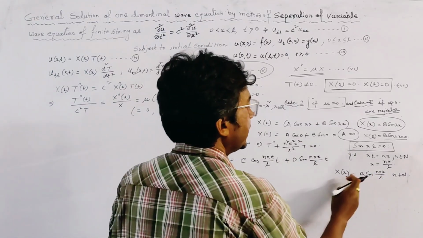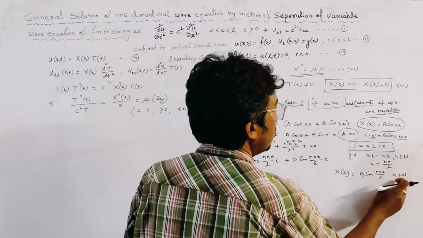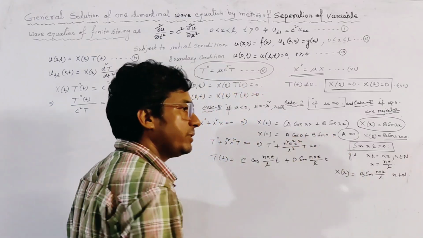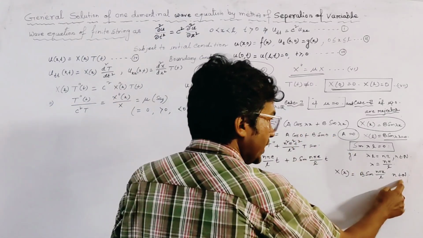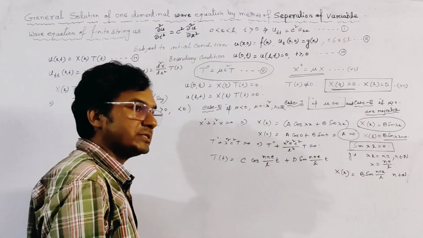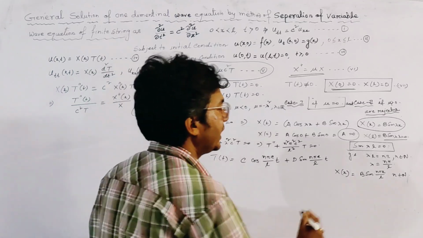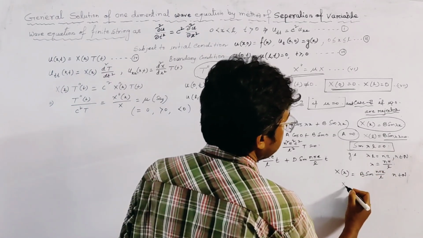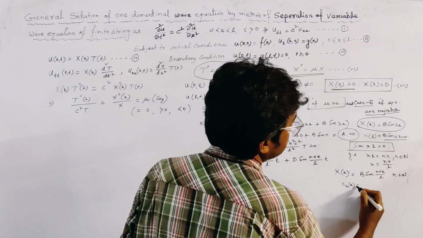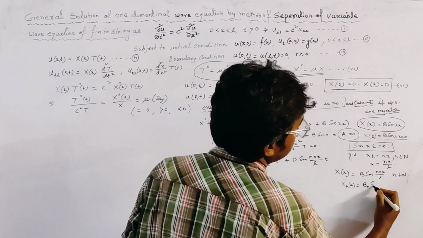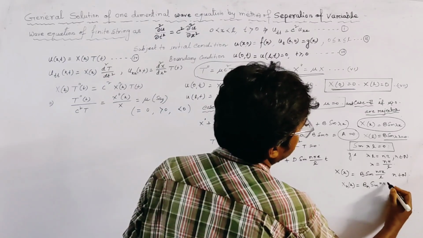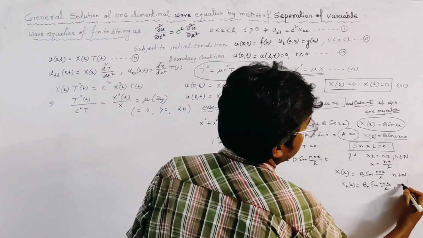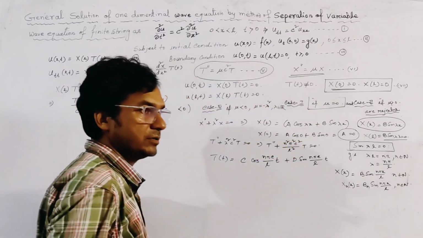If we put n equal to 1 here, we get one value of X, n equal to 2 we get another value of X, and so on. So we write this solution as X_n(x) equal to b_n sin(n pi x by L) for n belongs to capital N.